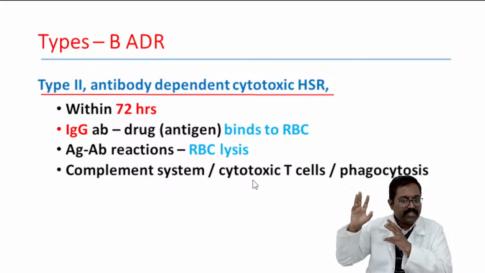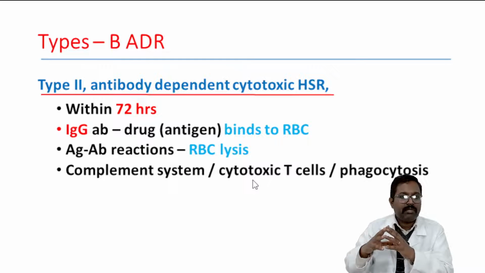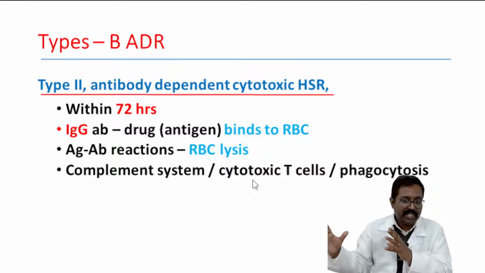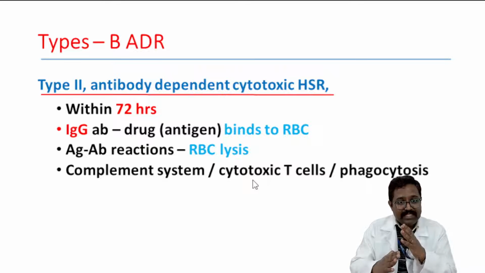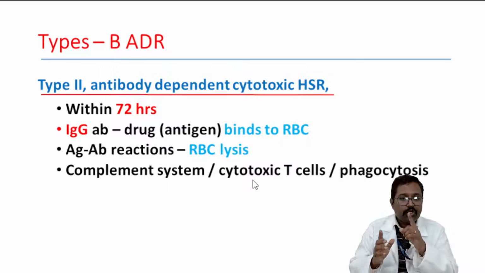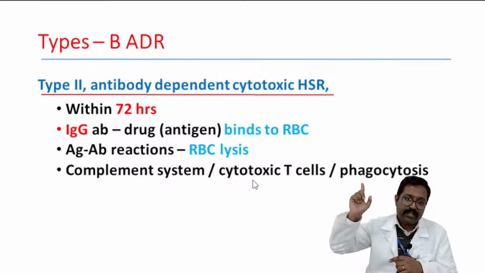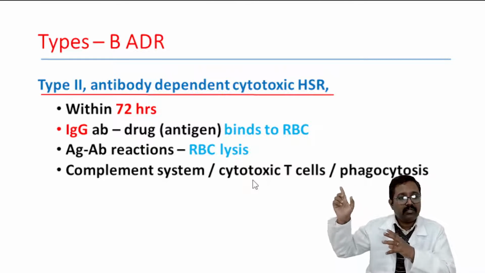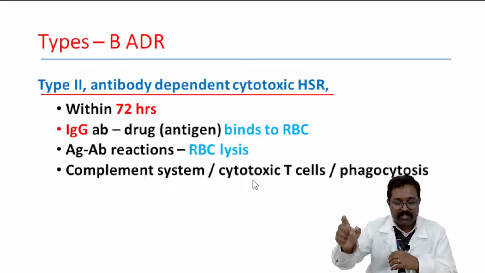Once it binds to the RBCs, an antigen antibody reaction takes place, leading to lysis of the RBCs. How does lysis occur? Through the complement system, cytotoxic T cells, or phagocytosis.